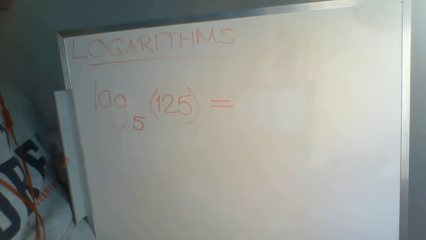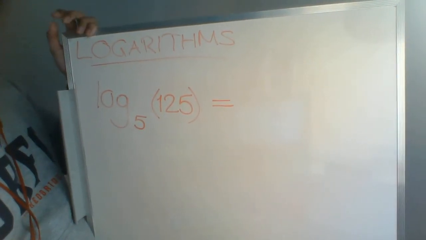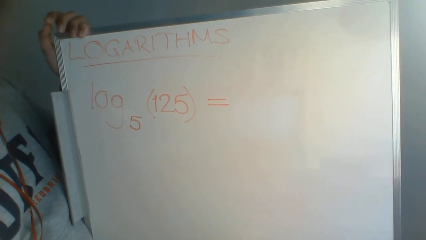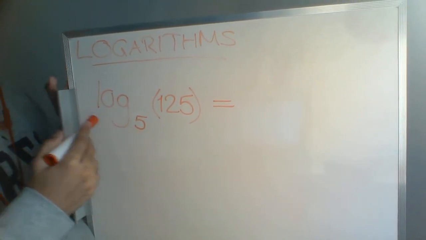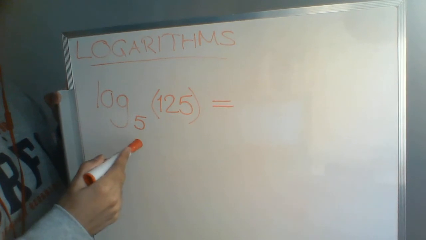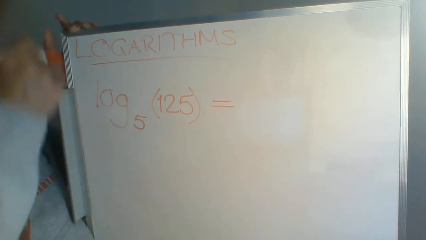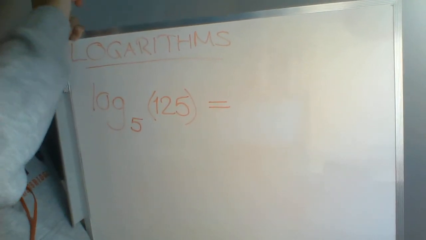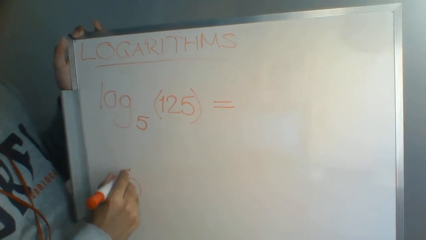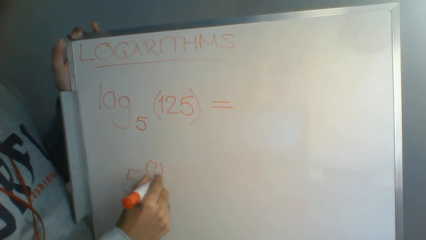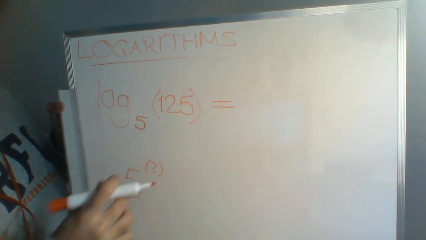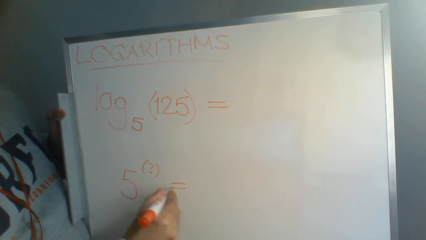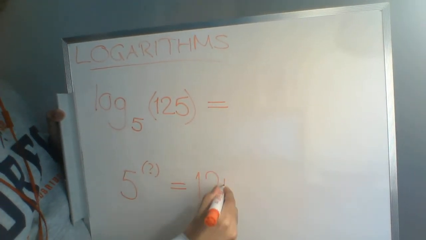So, in order to set this up in a more familiar looking form, we know it's going to be base 5, right? If you read this out, it would be log base 5 of 125. So, if I wanted to rewrite this in a more familiar form, I'll say 5 to some exponent, you can put a question mark or a sad face or a smiley face, 5 to some exponent is equal to 125.